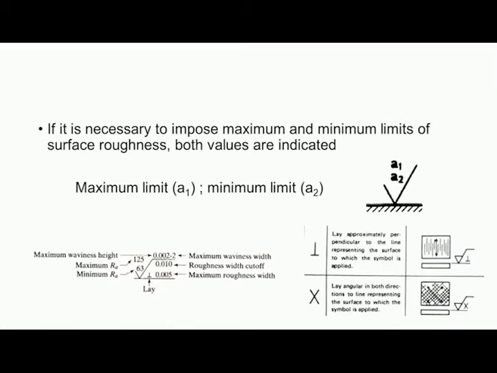This is the maximum RA value, A1, and then the minimum RA value. So, 125 and 63, in micrometers, it varies from 63 micrometer to 125 micrometer. And then you can see there is another symbol mentioned here, an inverted T.